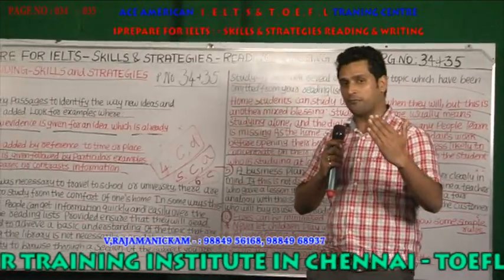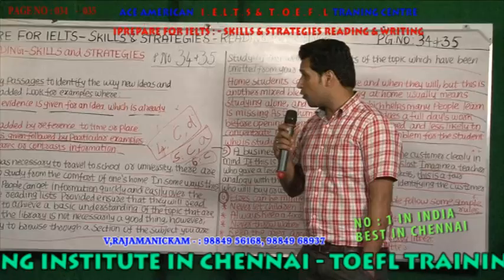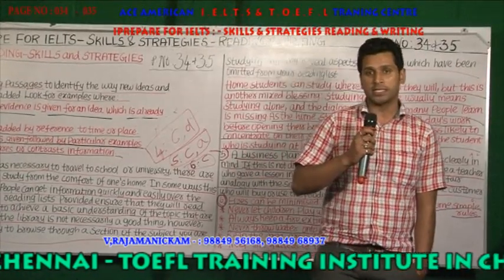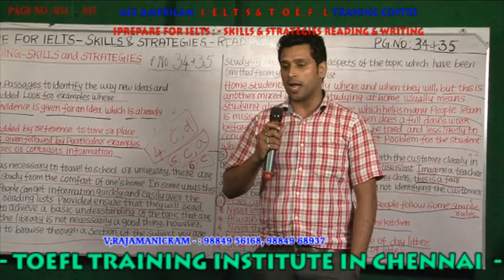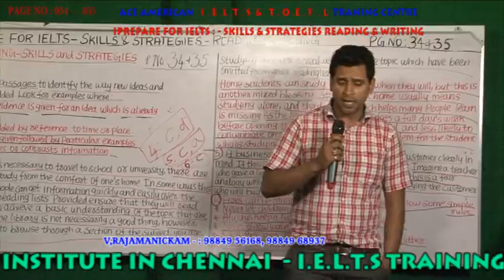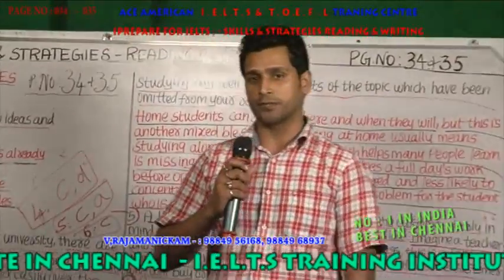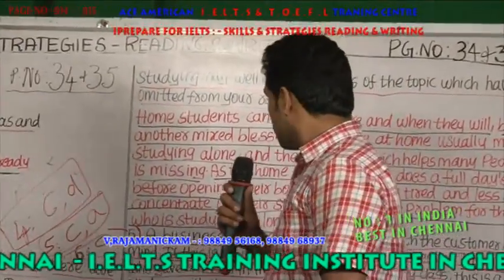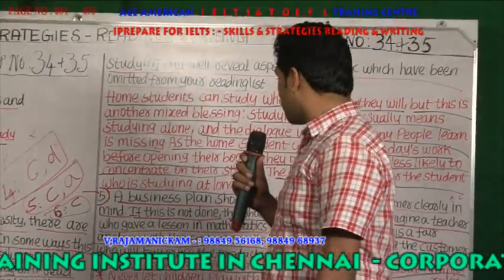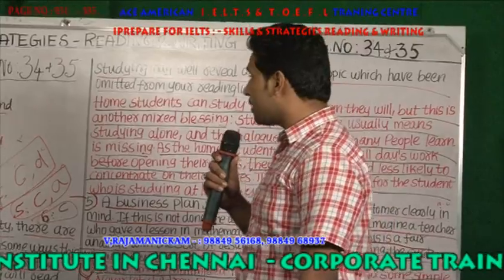And here also the writer compares and contrasts the information. He compares the idea between studying at home and studying at an institute. And in the fifth one, the author... That's all.